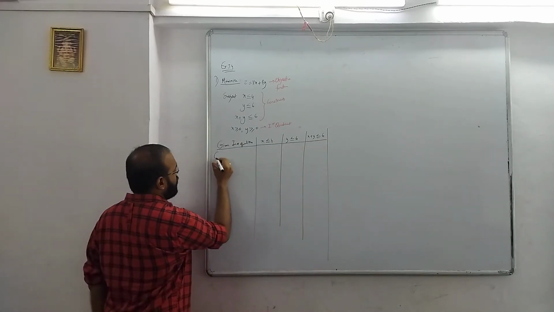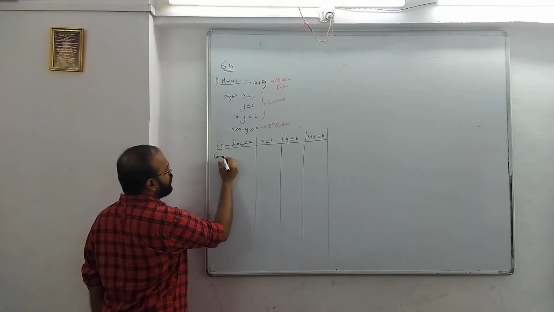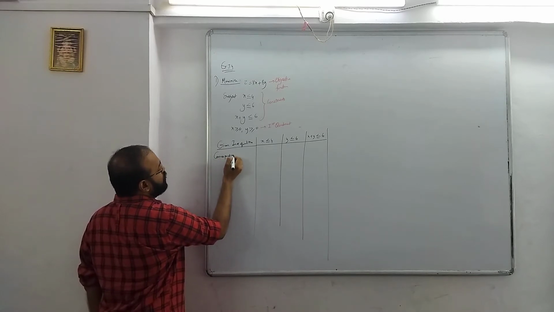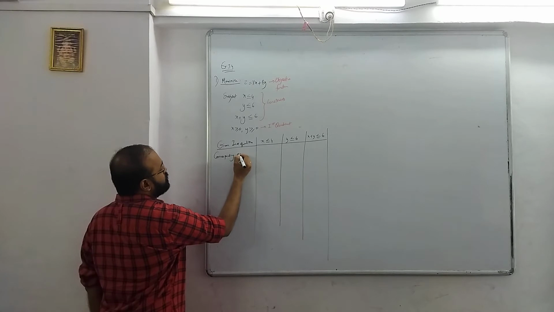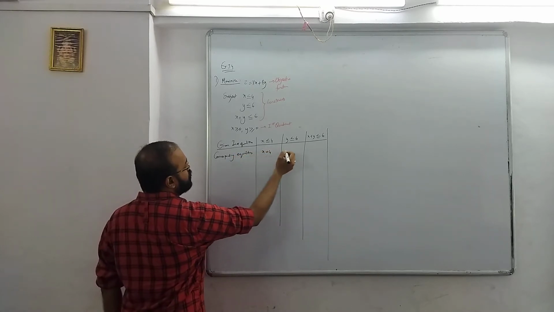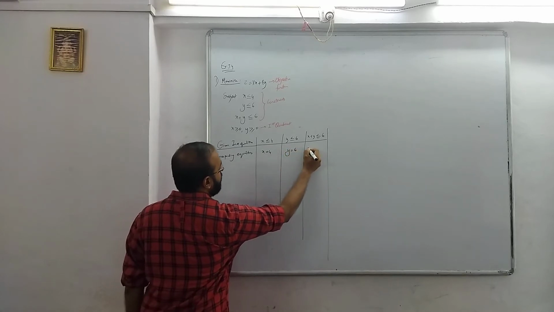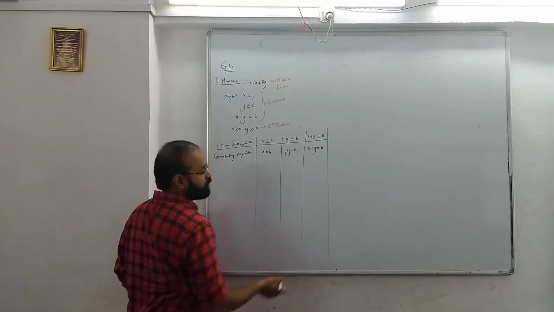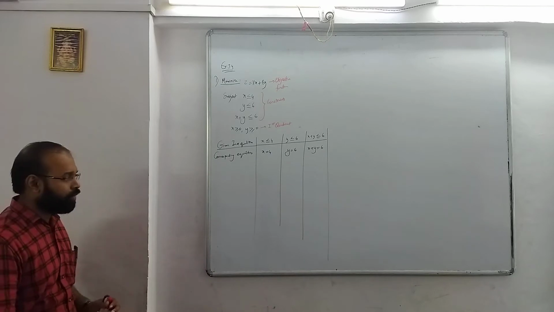So the corresponding equalities are x equal to 4, y equal to 6, and x plus y equal to 6. These are called the corresponding equalities.